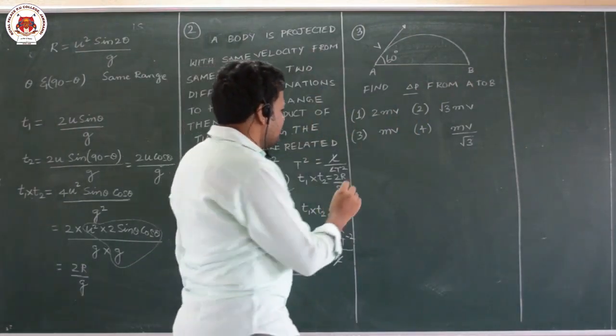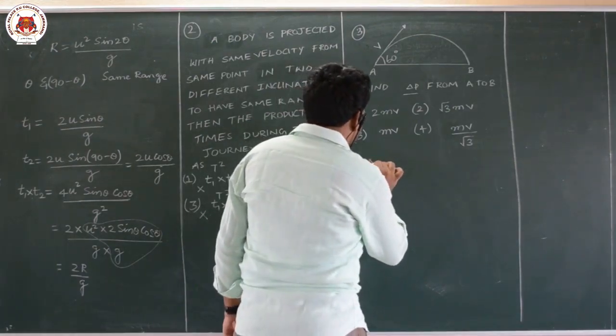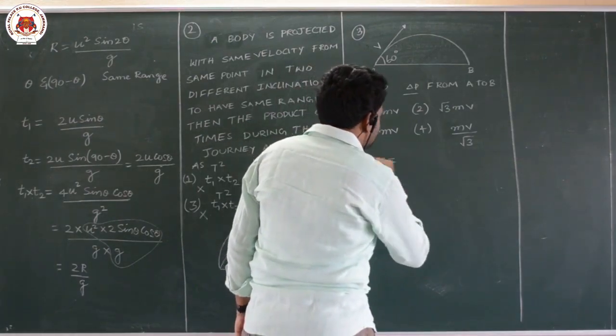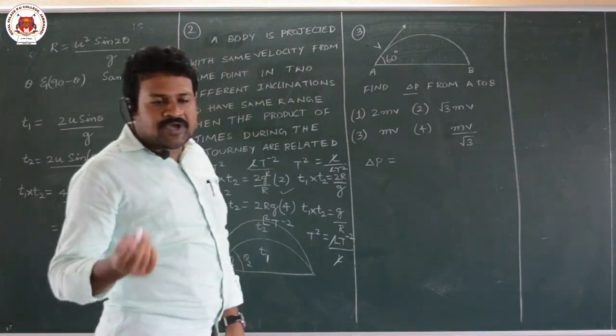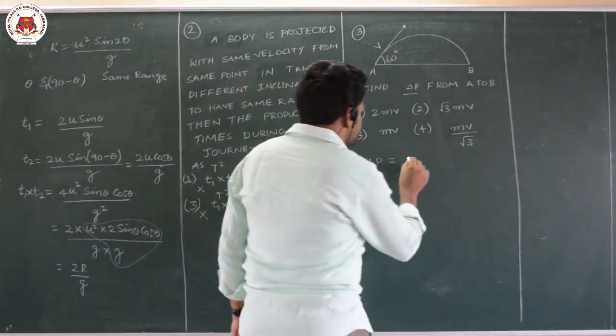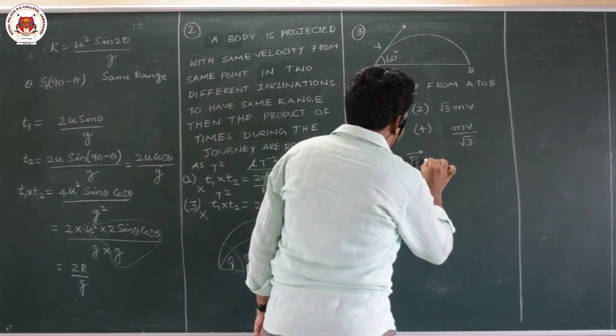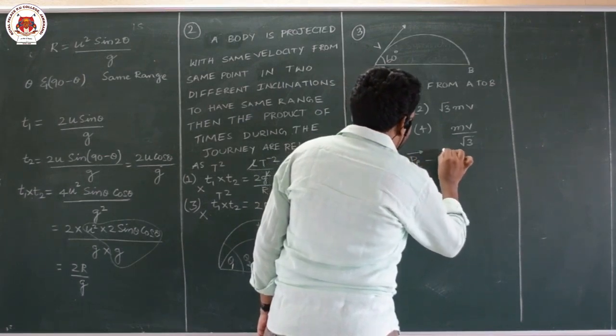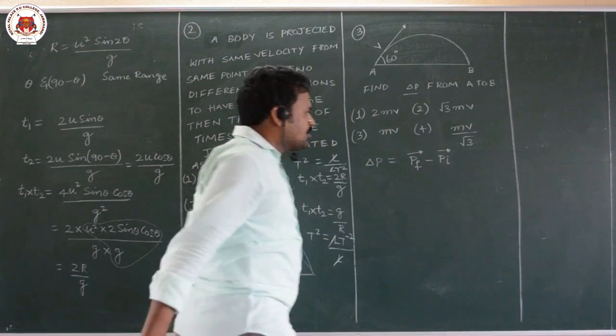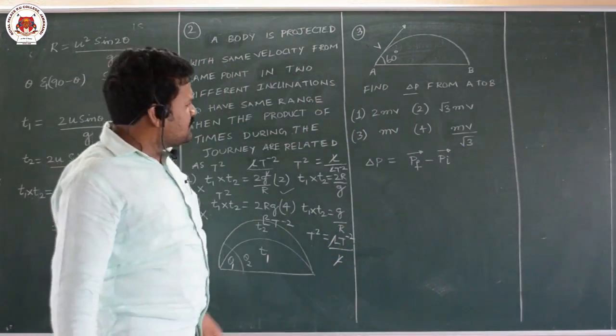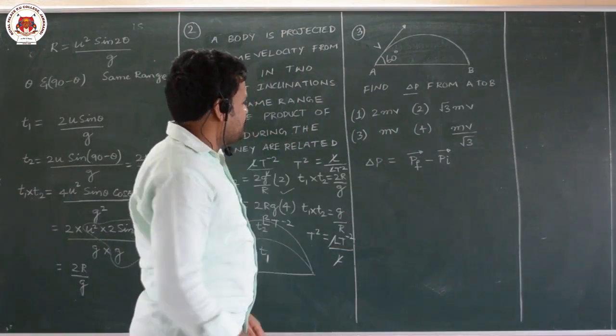So, for that you know only one condition: whenever they are asking for change, it is final minus initial. So, change in momentum is final momentum minus initial momentum. Momentum is a vector, so you have to use vector notation. Now, just write the initial momentum.